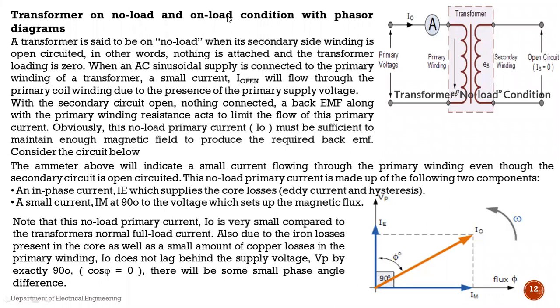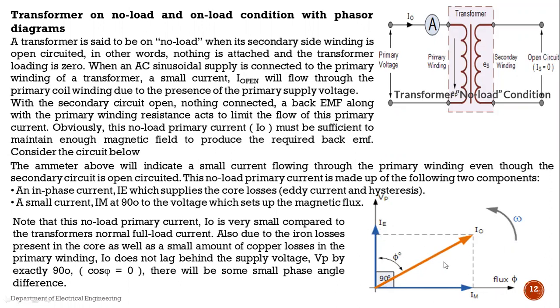We have already drawn this figure and the waveform for the no load characteristics of the no load current. The no load current I0 is the summation of the magnetization component and the working component.